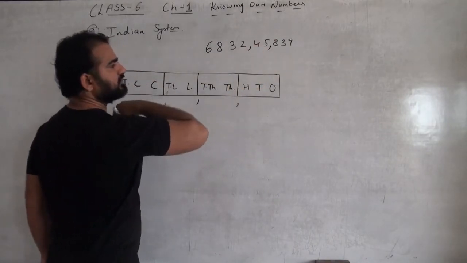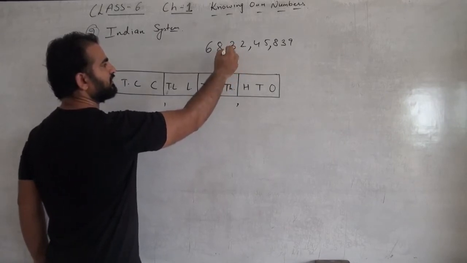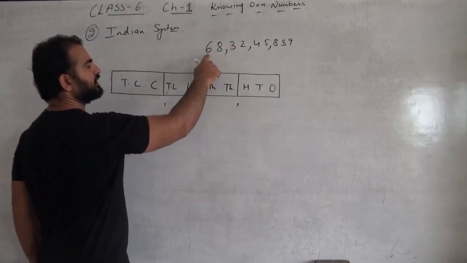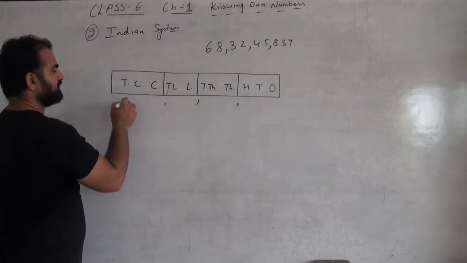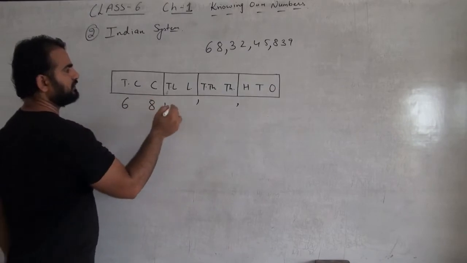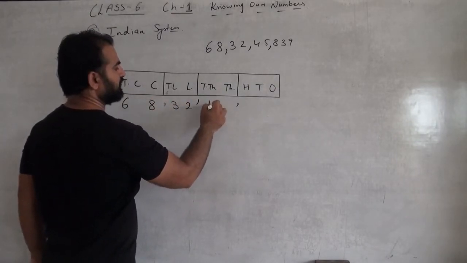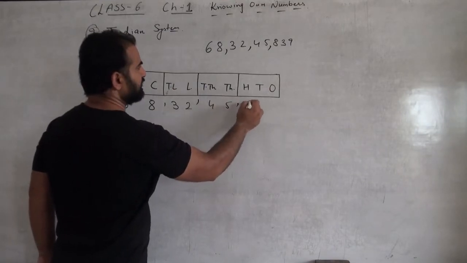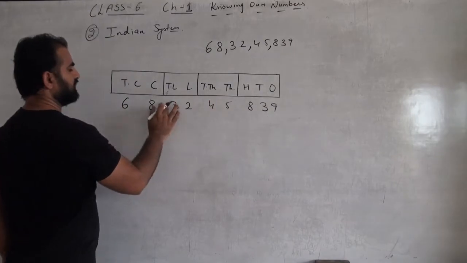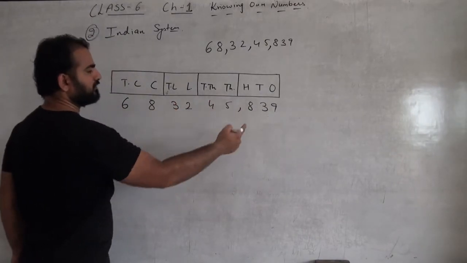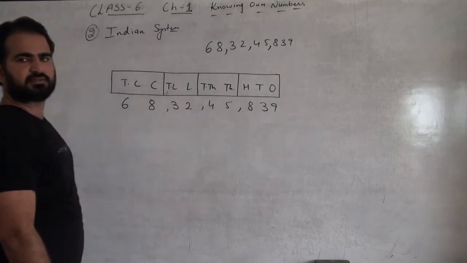Then again we use a comma. This will be lakh and 10 lakh. And this will be crore and 10 crore. So it will be 68 crore, 32 lakh, 45,839. Commas will be placed first after 3 digits, then after every 2 digits.